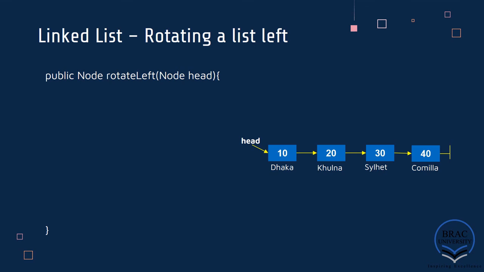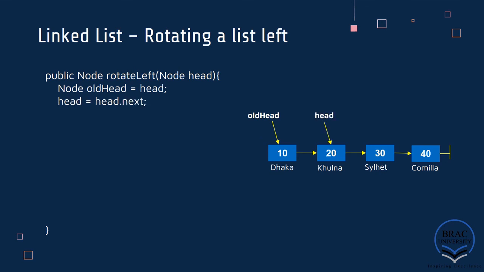First of all, I'm going to use a variable named old head to save the value of the head before removing the connection. Okay, so here I have saved it, old head is pointing to Dhaka right now. Now I'm going to change my head pointer. So head will point to head.next because my list will start from 20 right now.